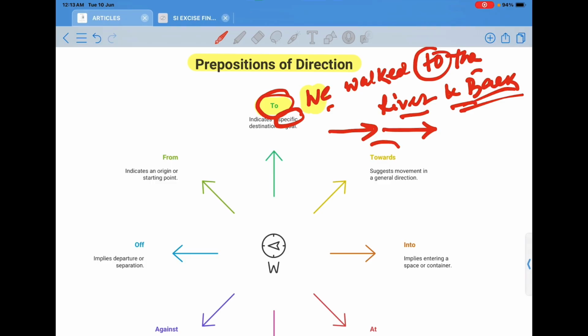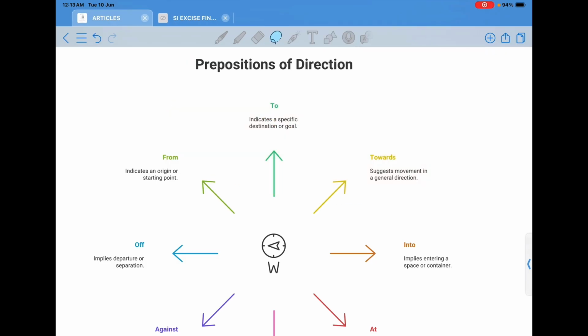Next, towards. Towards basically means a particular direction. It suggests movement in a general direction. For example, he saw me running towards me. Here the direction is me.